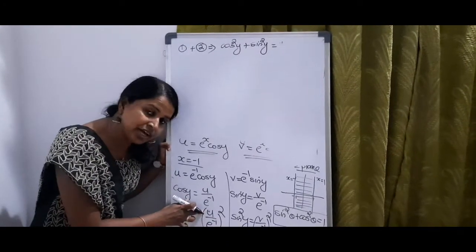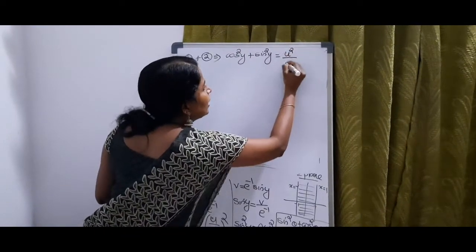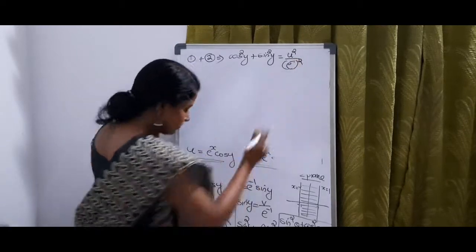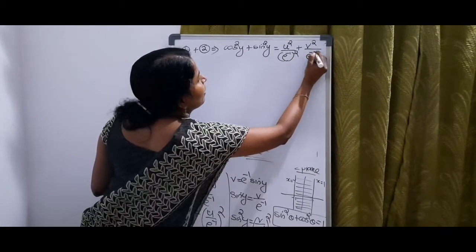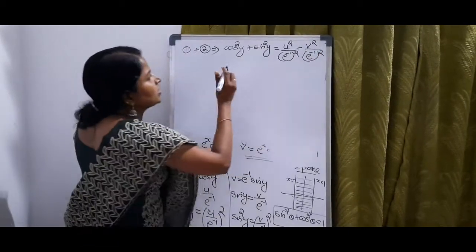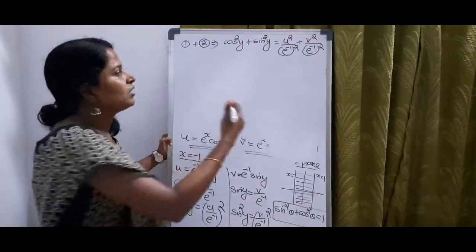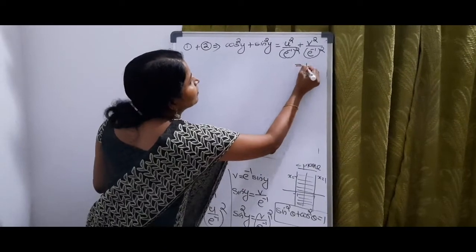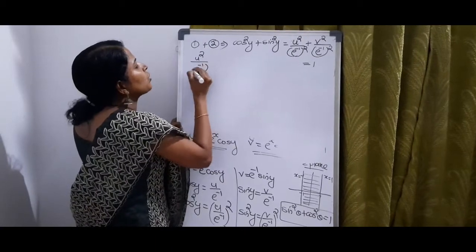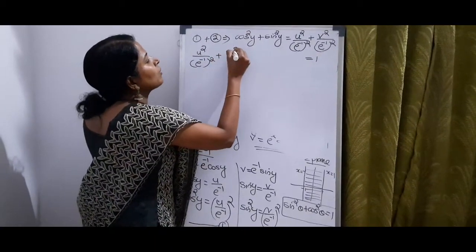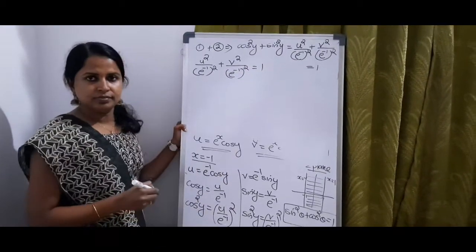Write the numerator squared divided by the denominator squared. This is equal to 1, since cos²θ + sin²θ = 1. That is u² / (e^(-1))² + v² / (e^(-1))² = 1.